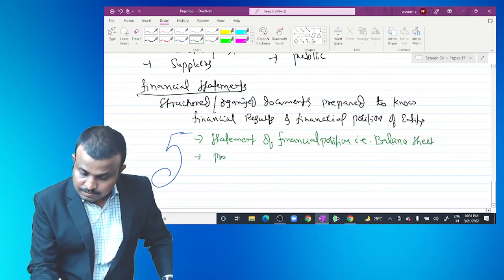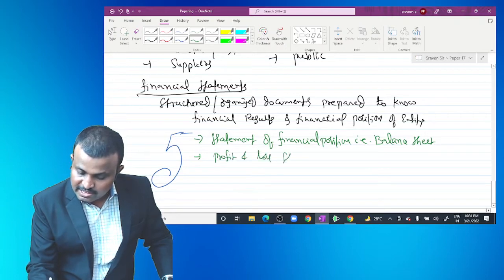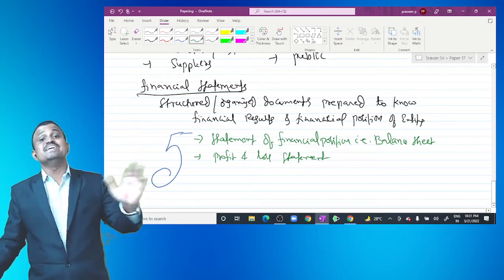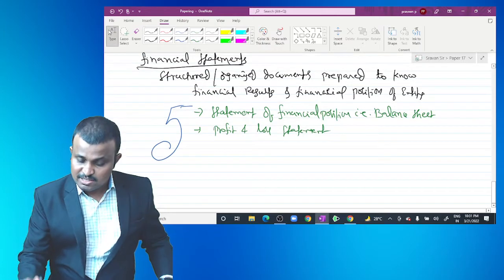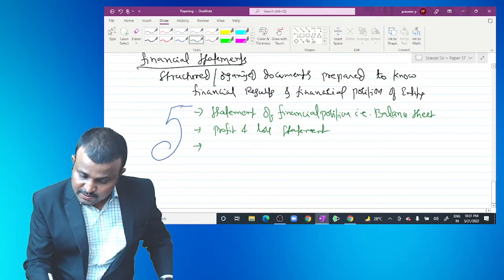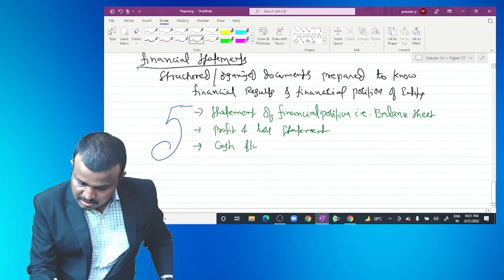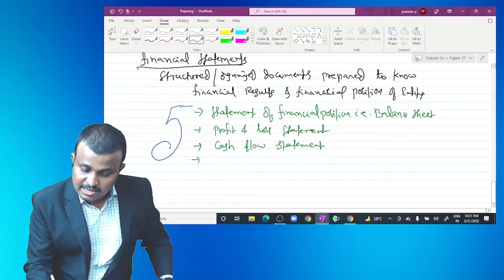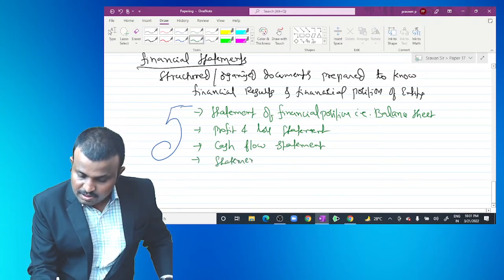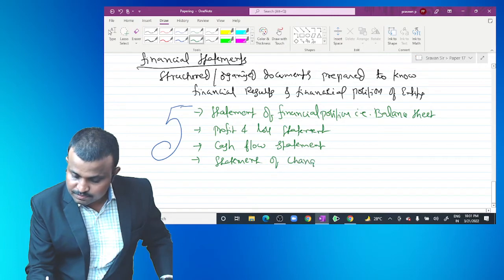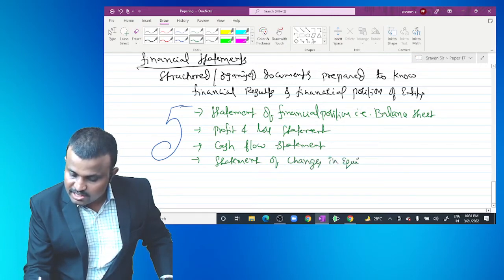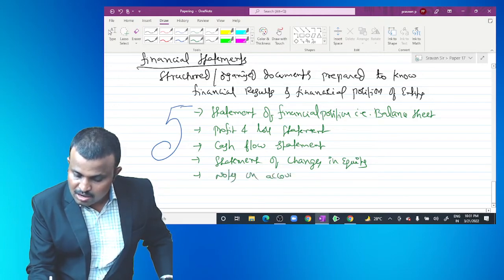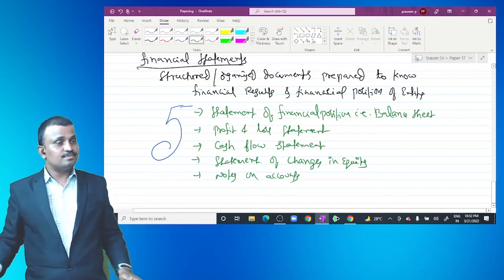And next, the profit and loss statement prepared for the year ended or for the period ended. And the next one is the cash flow statement. Next one is the statement of changes in equity. And the last one is what? Notes on accounts.